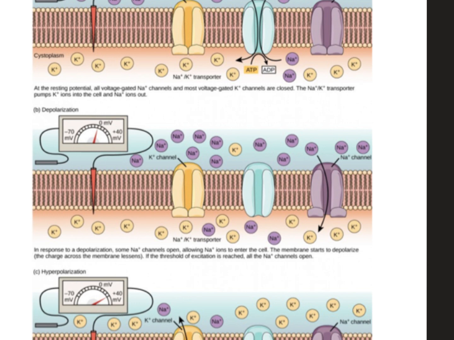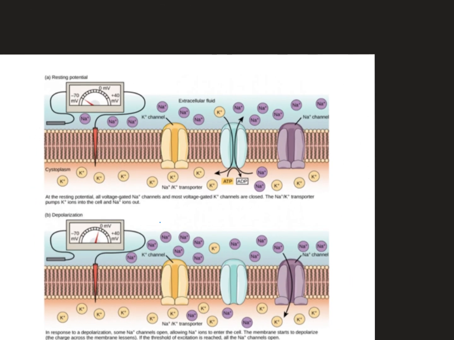So we can measure the difference in electrical charge on two sides with something called millivolts, whose units go mV. That means one 1,000th of a volt.